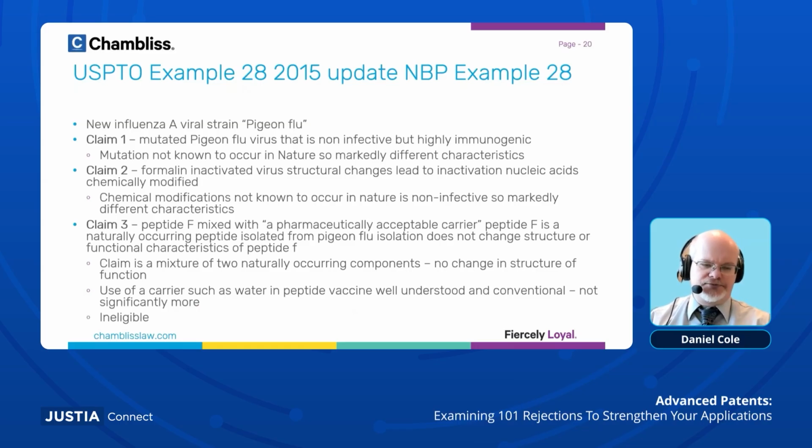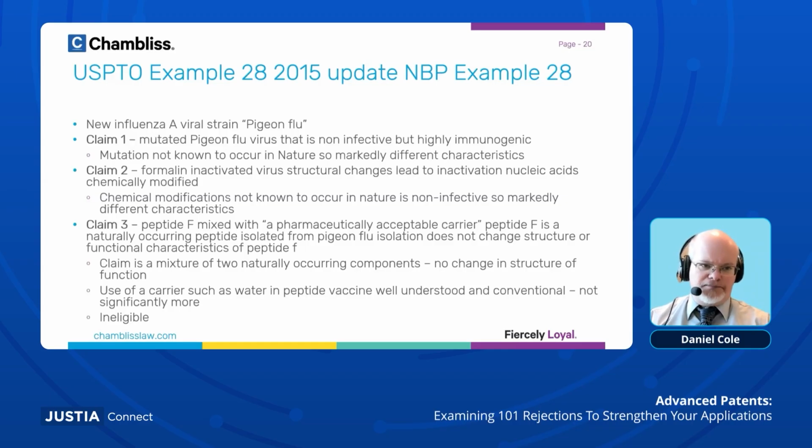Originally, with example 28 from the Patent Office, you have a new influenza A viral strain for pigeon flu. Claim 1 was a mutated pigeon flu virus that's non-effective but highly immunogenic. It's a mutation that does not occur in nature. You're going to have markedly different characteristics here since you've mutated in a way that is not known in nature.